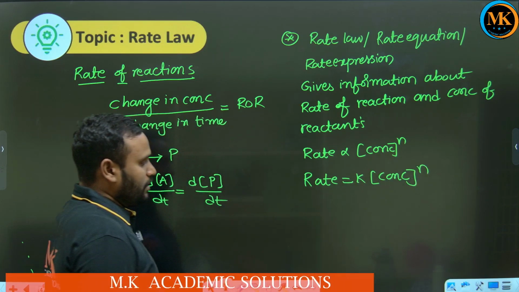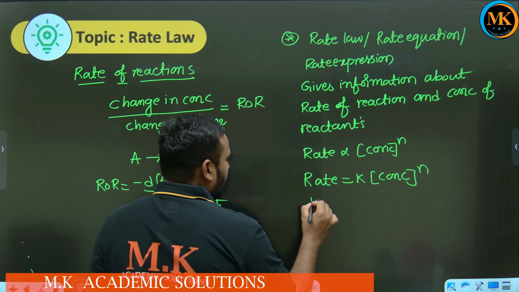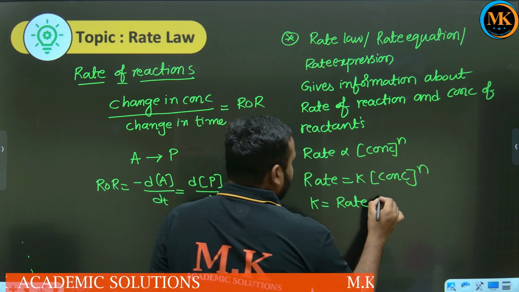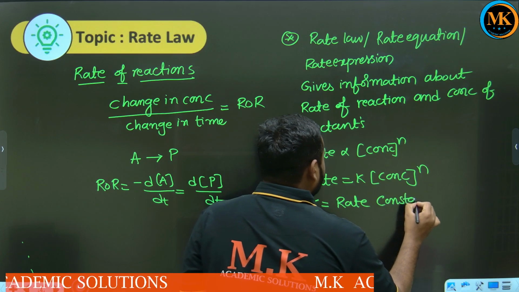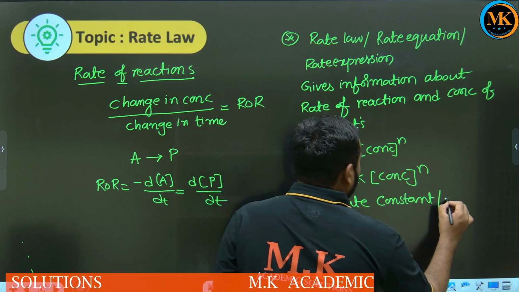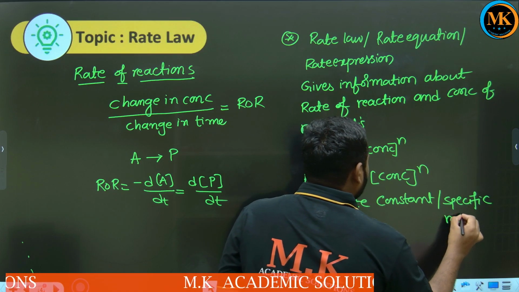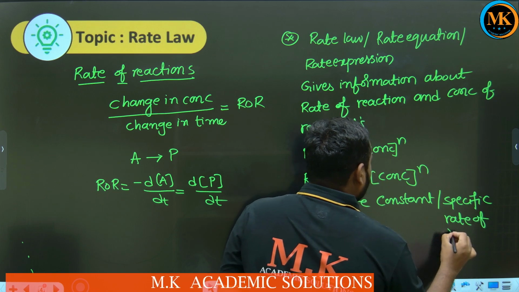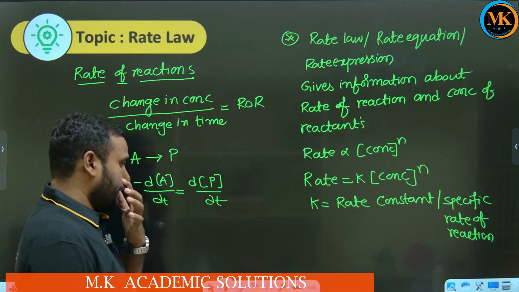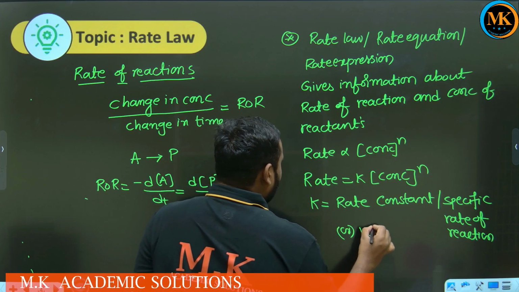Here rate is the rate of reaction, and k is called the rate constant, or specific rate of reaction, or velocity constant.